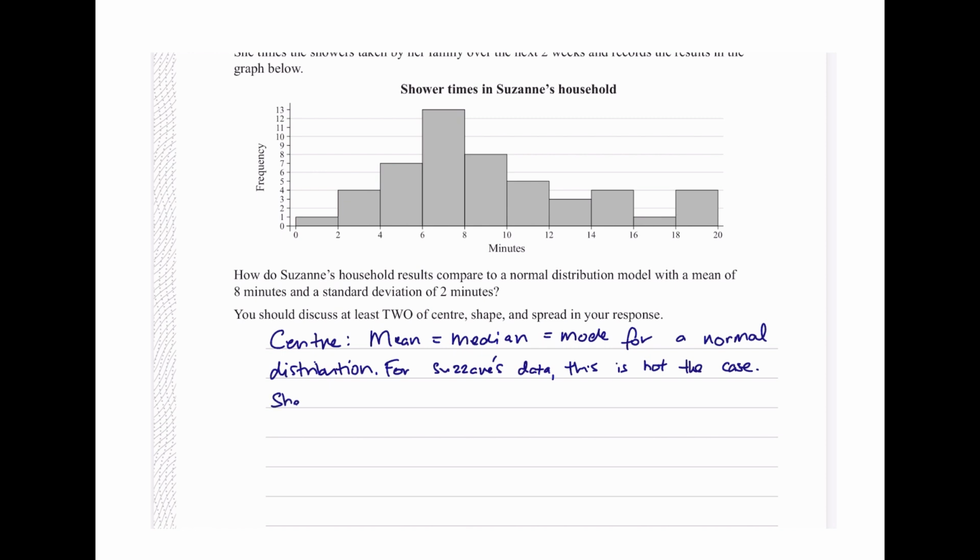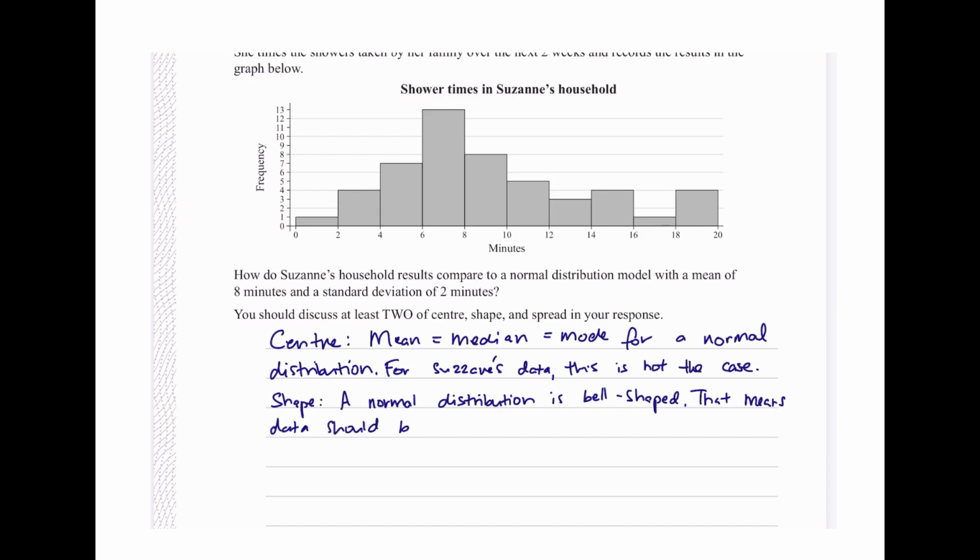Let's talk about the shape. We'll say a normal distribution is bell-shaped. That means data should be symmetrical.